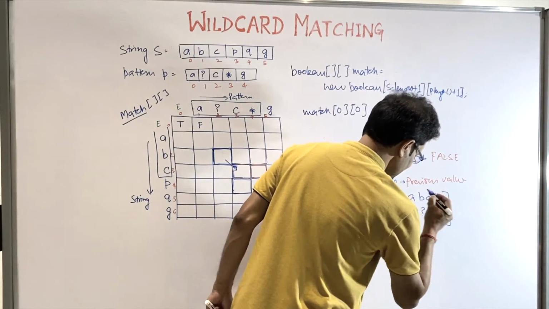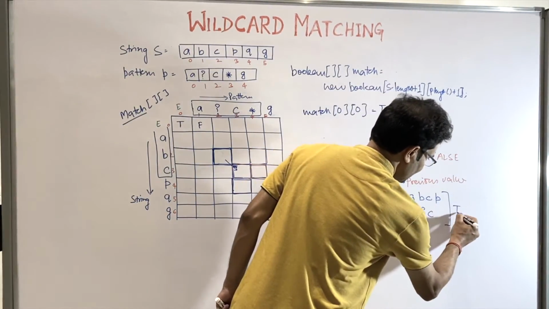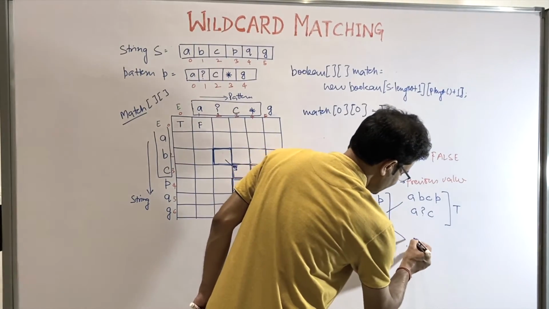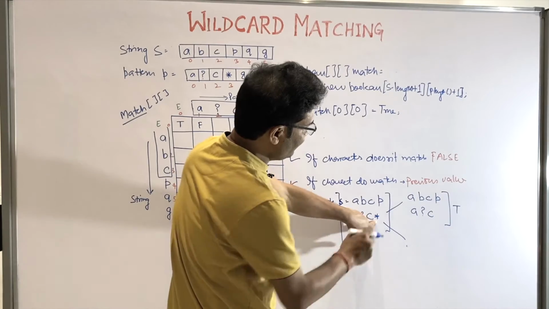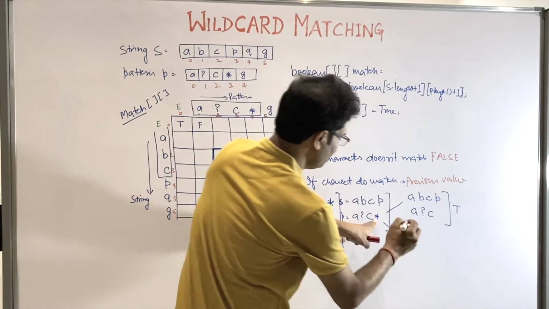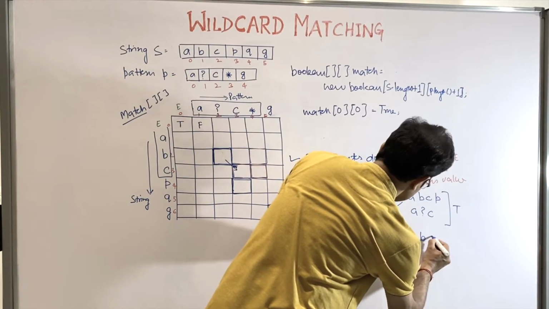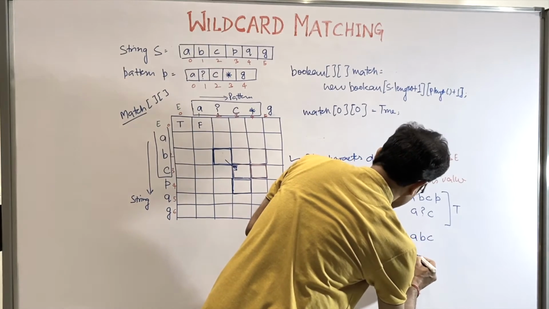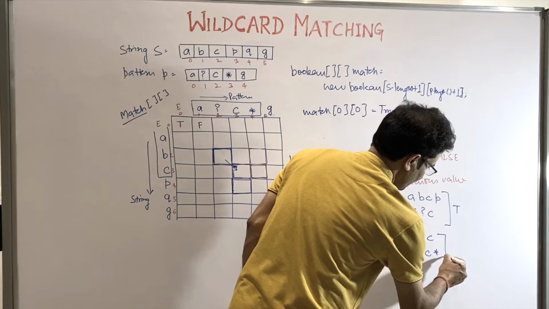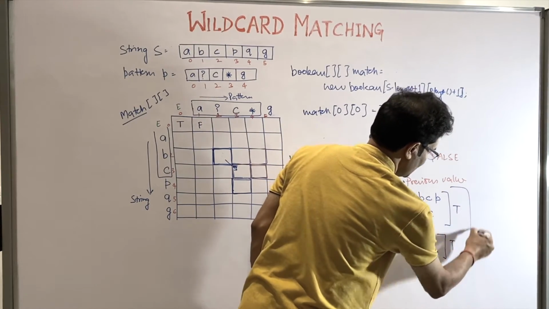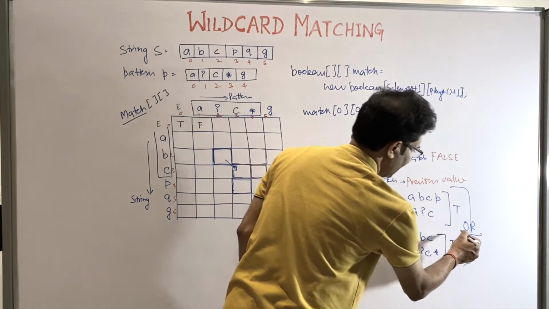Second case, you consider that this star matches the P, so you can remove the P from the string. So this case ABC and here and C, whatever the value, you take the OR of both and take the final value.